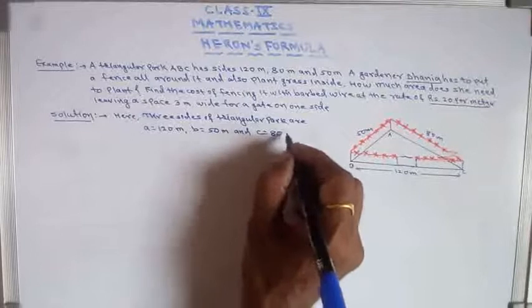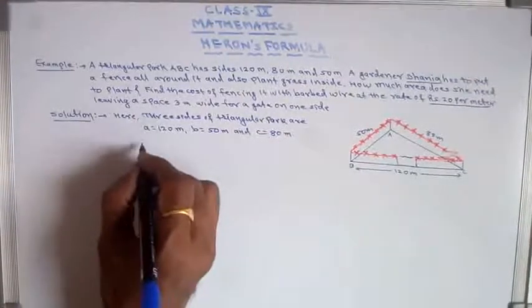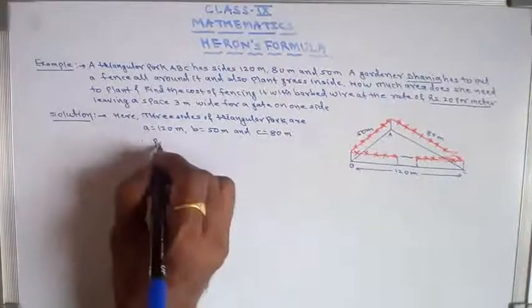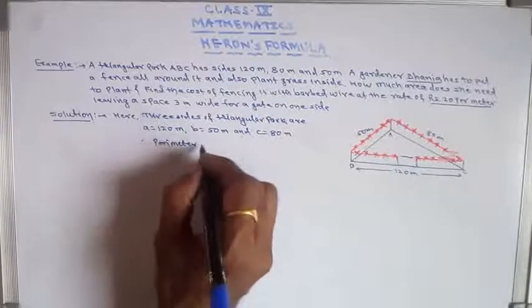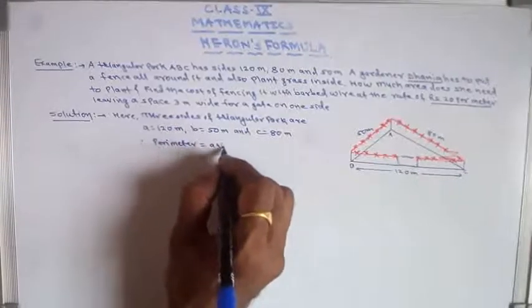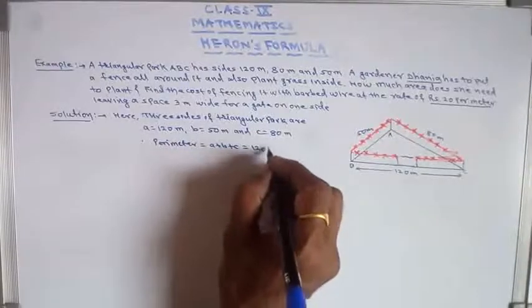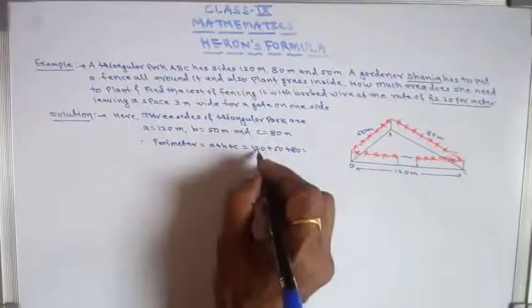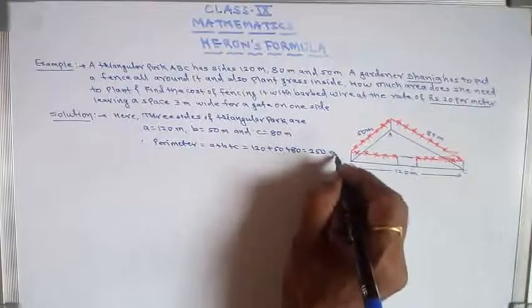You can take any ABC. Therefore, perimeter, let's find out perimeter. Perimeter equals to A plus B plus C, that is 120 plus 50 plus 80, that is 120 plus 80, 200 and this 50, 250 meter.